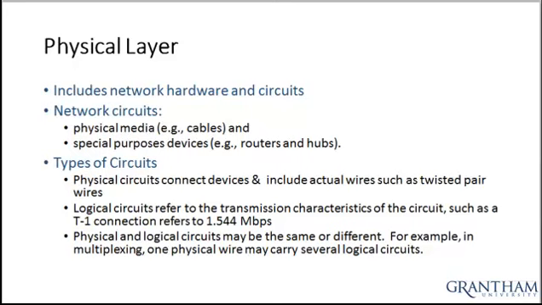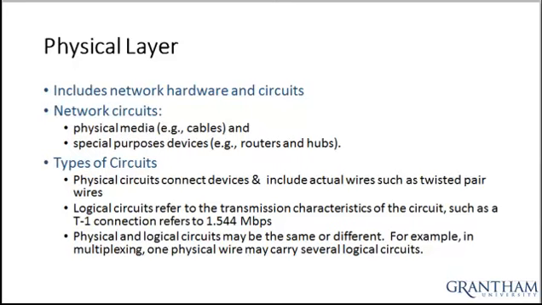In other cases, we are referring to a logical circuit used to connect two devices, which refers to the transmission characteristics of the connection, such as when we say a company has a T1 connection into the internet. In this case, T1 refers not to the physical media, but rather to how fast data can be sent through the connection.